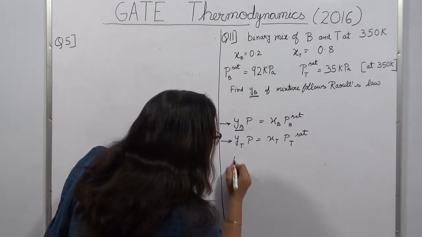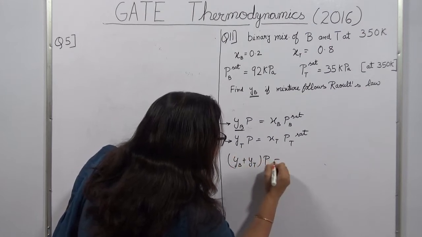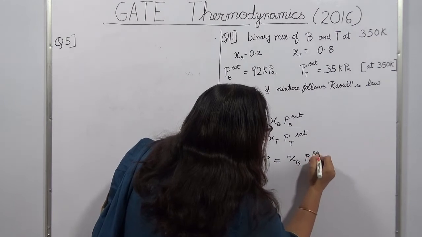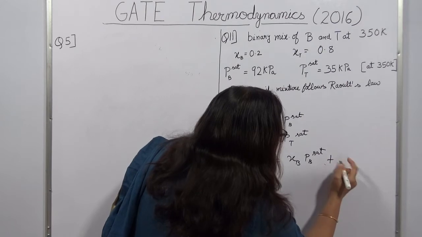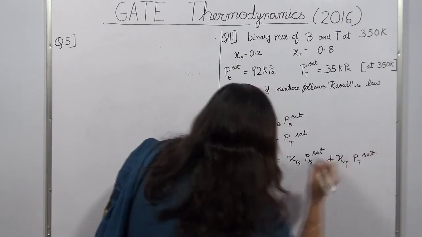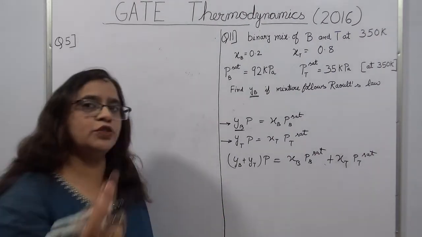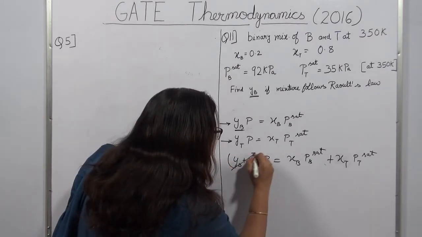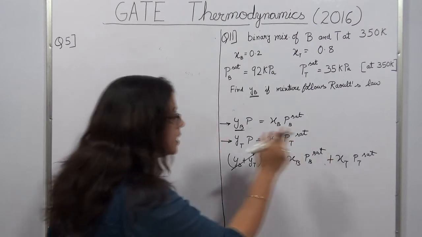What I get is that yB plus yT multiplied with P is equal to xB PB sat plus xT PT sat. Now yB plus yT is equal to 1 because you have only 2 components. The summation of mole fractions will be 1. So this goes to 1, and you are left with only pressure. So the pressure value is given by this.